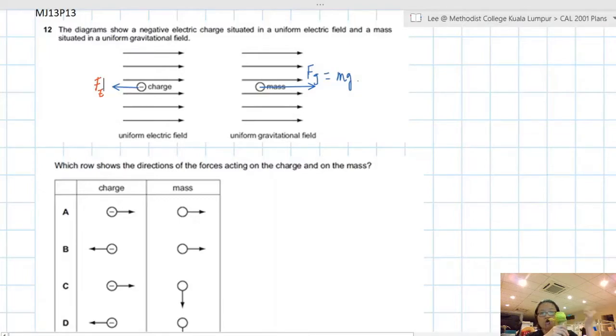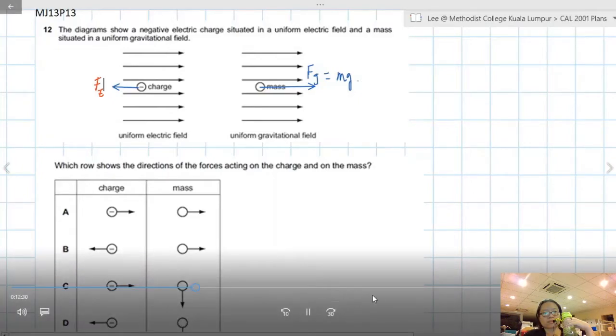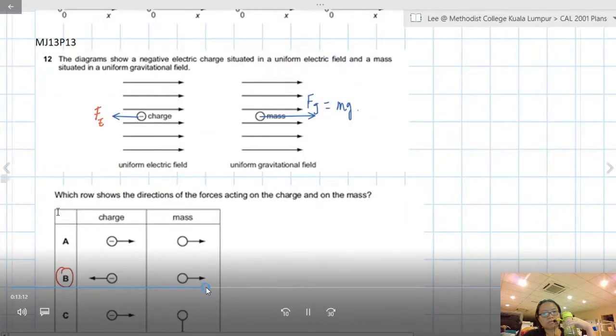Anyway, your FE should be in the opposite direction to the direction of the electric field. If the charge is positive, then FE will also be pointing right. Okay, so yeah, then your answer would be B.